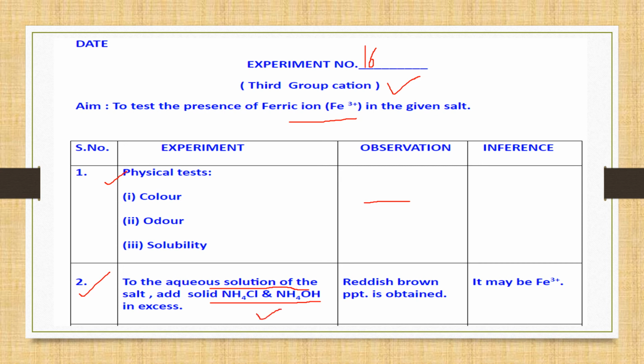So for Al3+ also, and for Fe3+ also, on adding the same group reagent because they belong to the same group, you will get a precipitation. In case of Al3+ it was white. Here it is a reddish brown precipitate because of the formation of ferric hydroxide, and it will give you the indication that there may be Fe3+ in the salt.